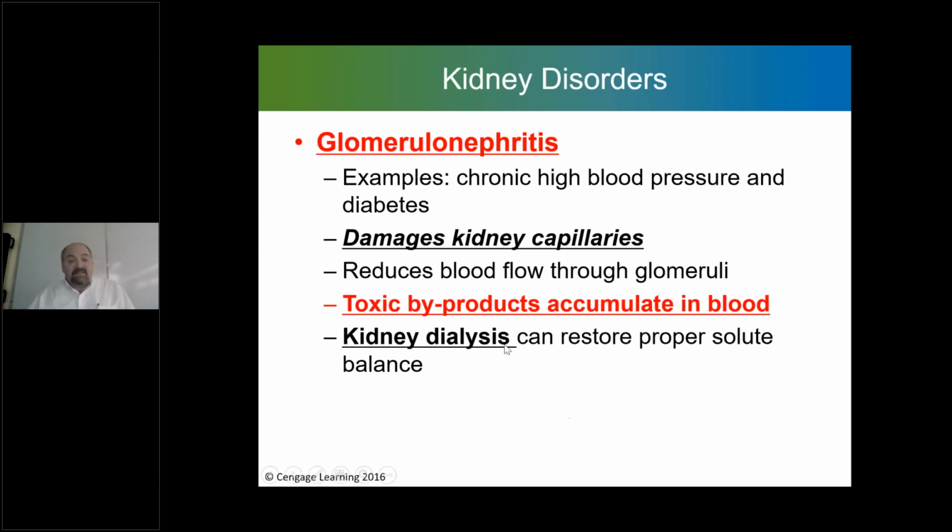So you see, kidney dialysis can restore proper solute balance. Kidneys that are not functioning properly can use this dialysis method of filtration and removal of waste when the kidneys can't do it themselves.